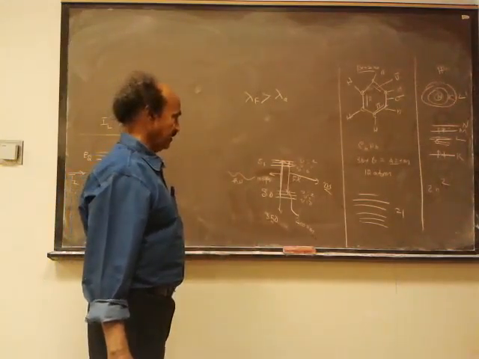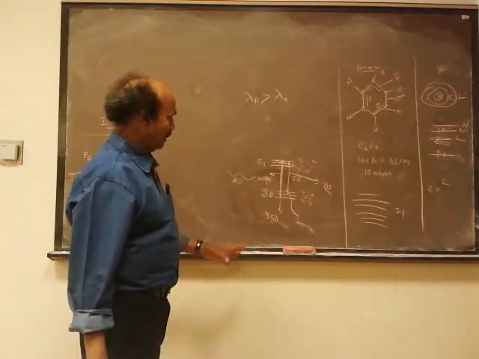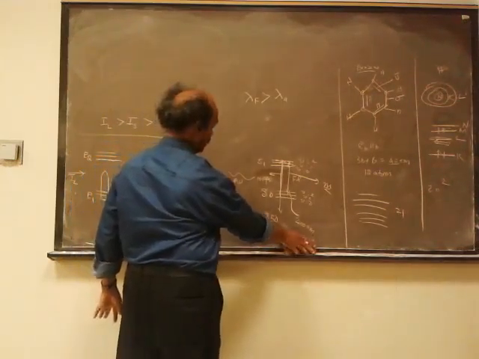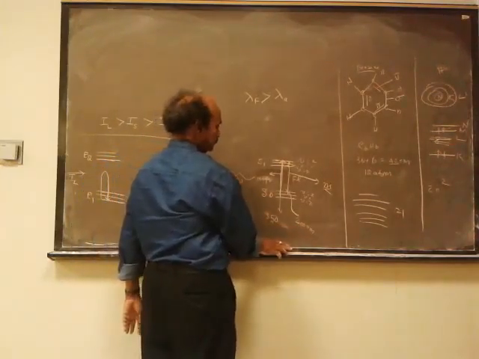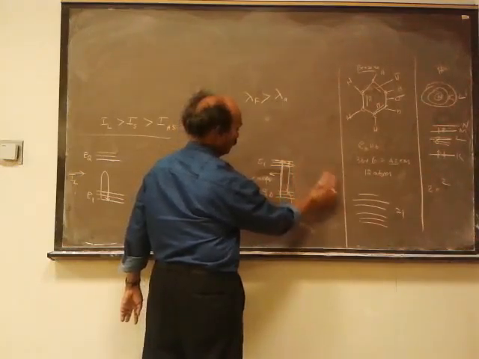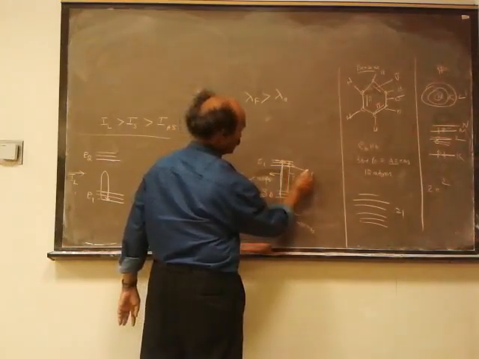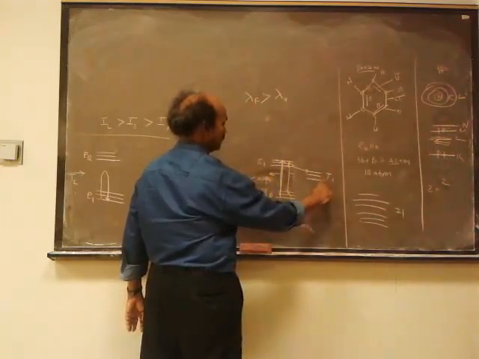But next thing, in solids, you have one more thing. The molecules which come here can go from here to here, another energy level which is called T1. This is called a triplet state.